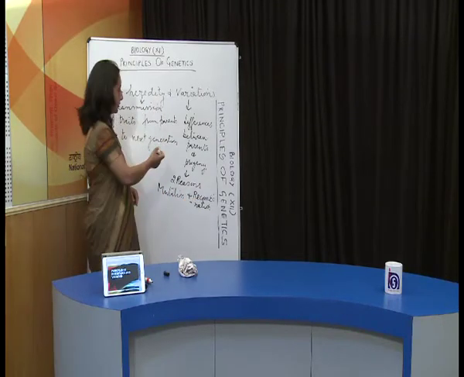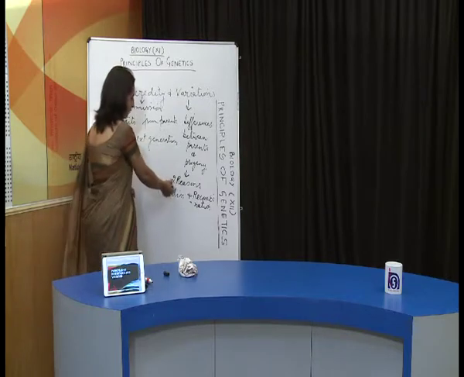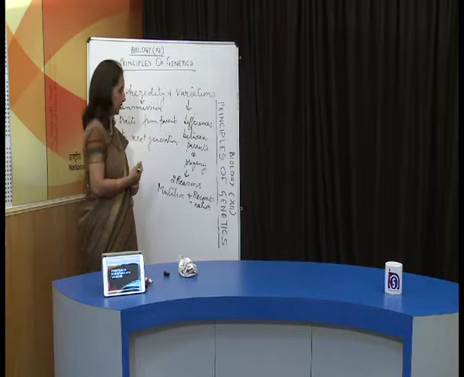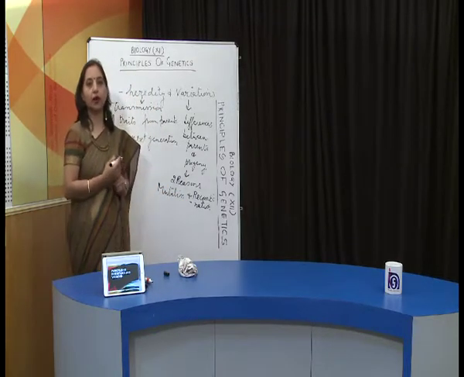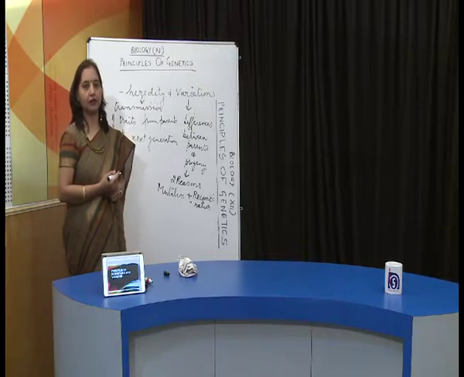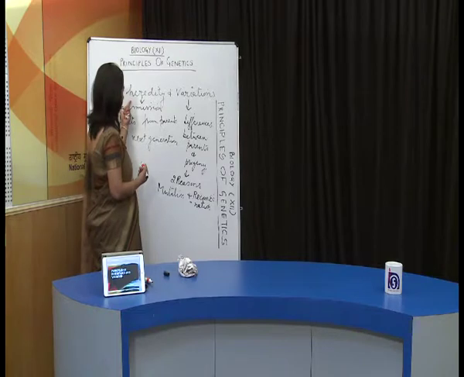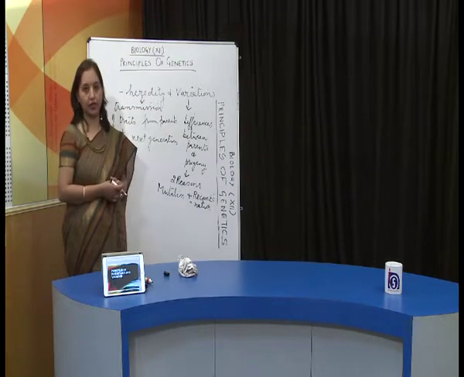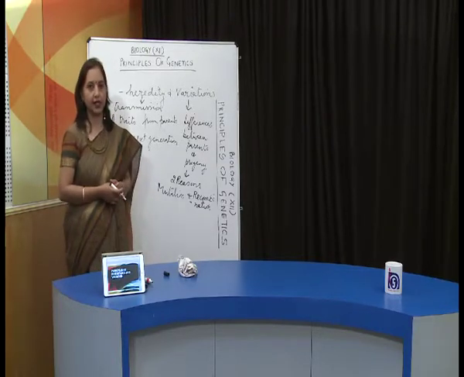The first reason is mutation, that is the sudden change in the characters, and second is recombination, that is the combinations which are formed after the result of sexual reproduction. So heredity and variations are the basis of genetics, the branch of biology that we are going to discuss in detail today.